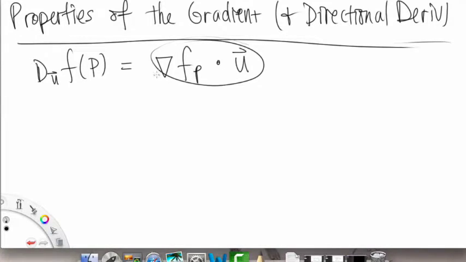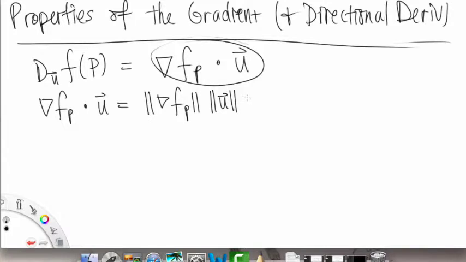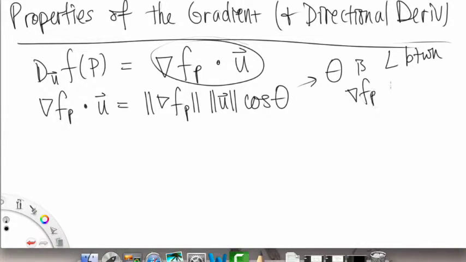So let's go back and recall the properties of the dot product. The gradient of f at p dotted with u is equal to the magnitude of the gradient times the magnitude of u times cosine theta, where theta is the angle between the gradient at p and u.